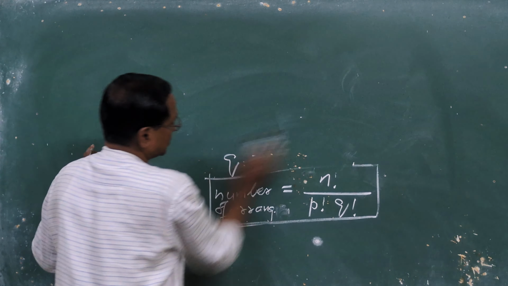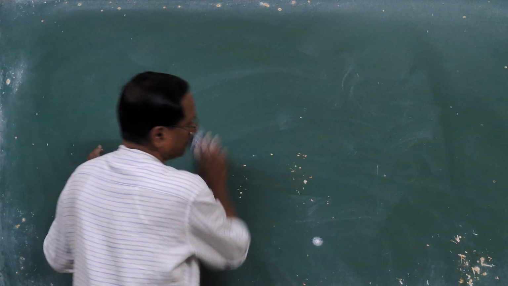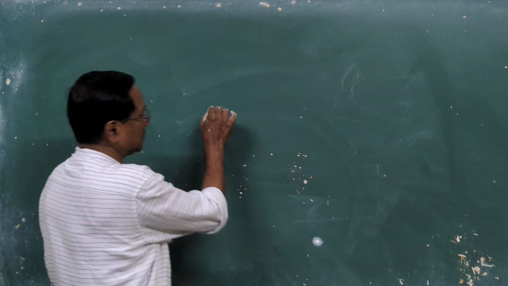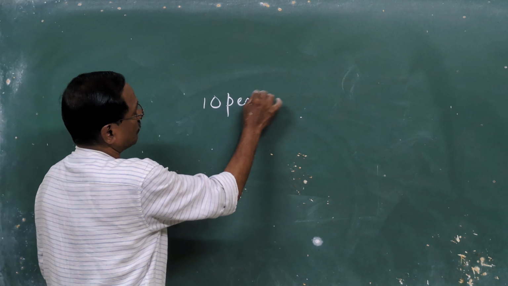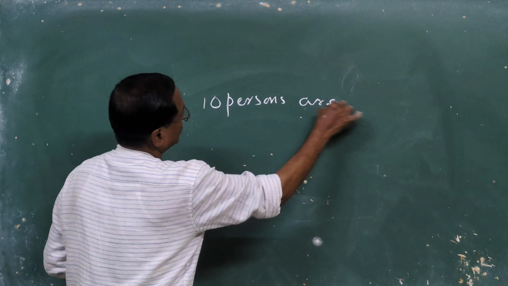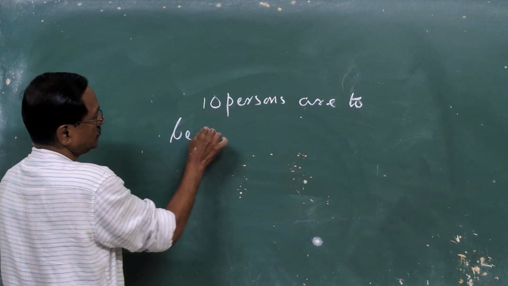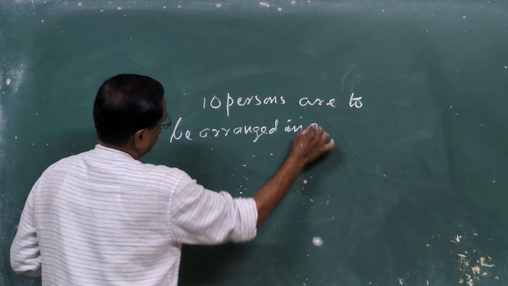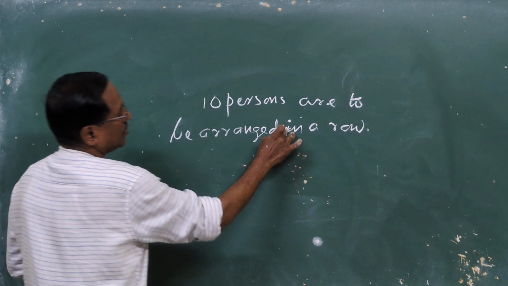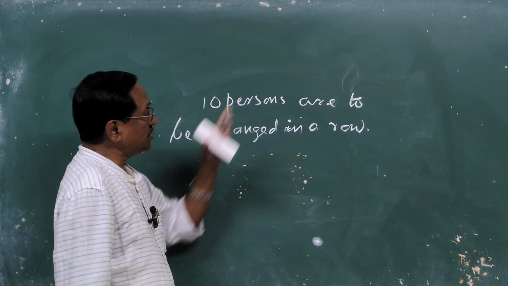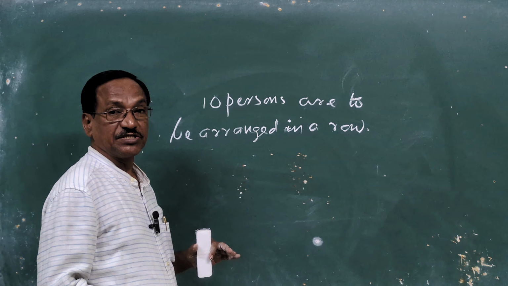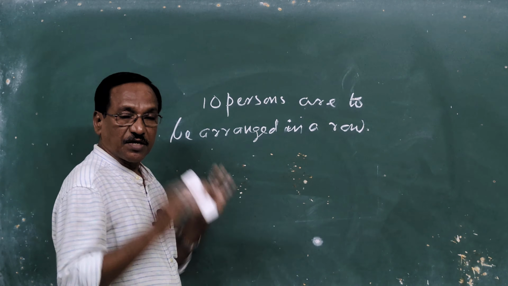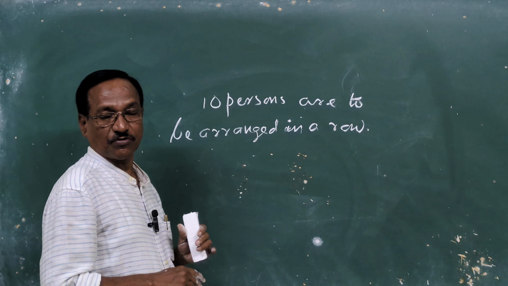Next, let us take the case of another problem. The question is, suppose 10 persons are to be arranged in a row. Among these 10 persons, 3 particular persons want always to be together.